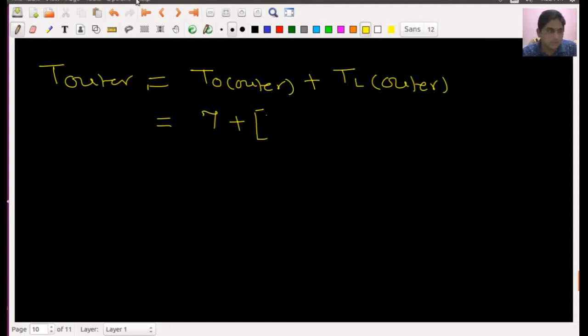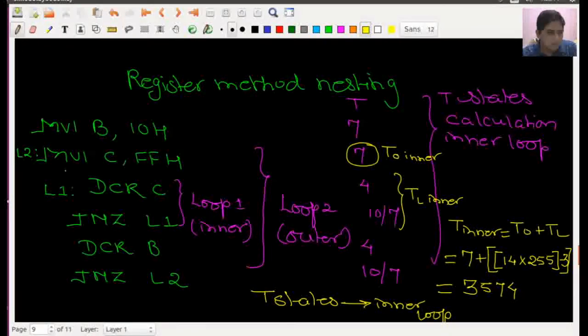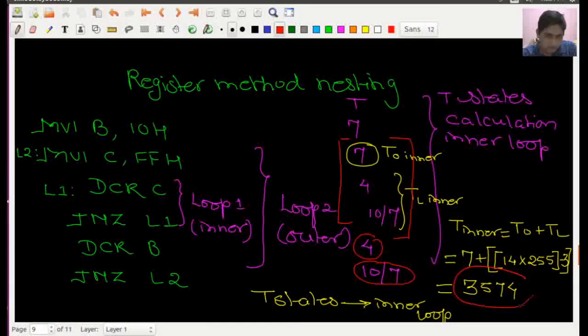Once again we can go to the program and think about what the outer loop will include. I will use a different color for that. So this is the outer loop T states. In total 14 T states for the outer loop, but the outer loop will also cover these T states, because the inner loop is inside the outer loop. So the total amount of T states consumed in the inner loop will be included in the calculation of the outer loop.